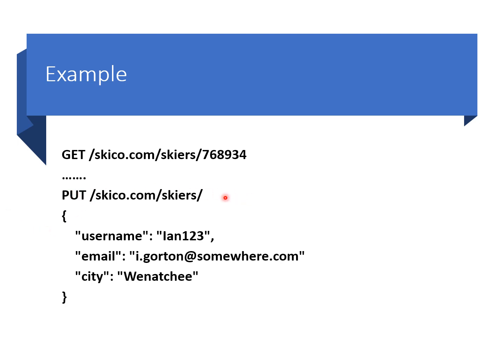Note this URI does not identify the skier ID that's associated with the request. Hence, the service must know the unique identifier of the resource to update, namely 768934. Hence, for this update operation to succeed, the service must have retained conversational state from the previous GET request.